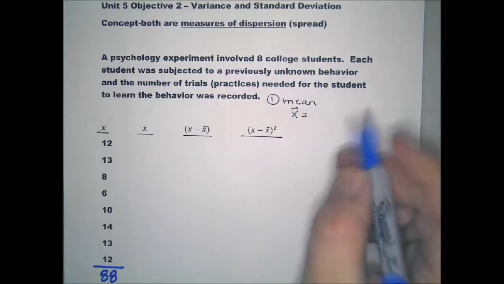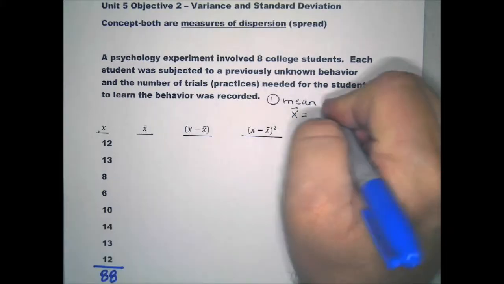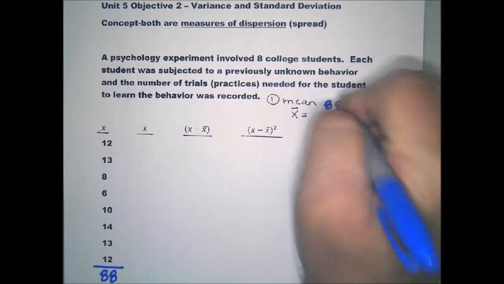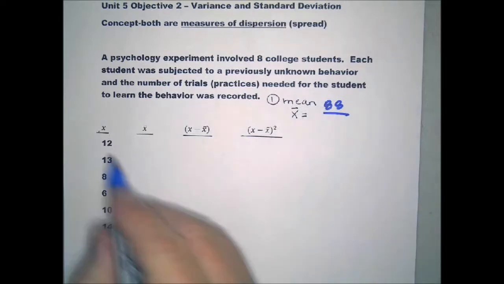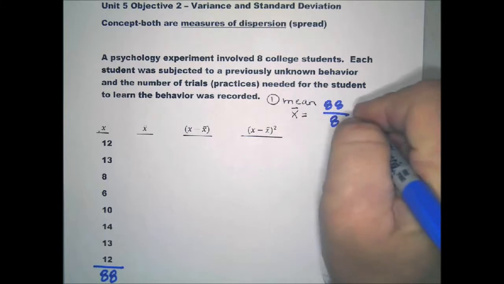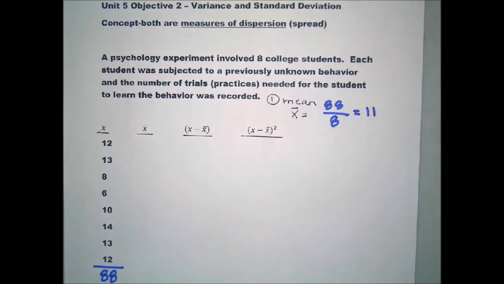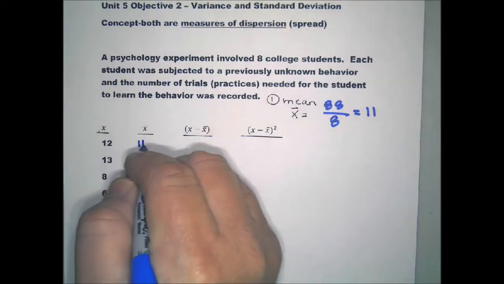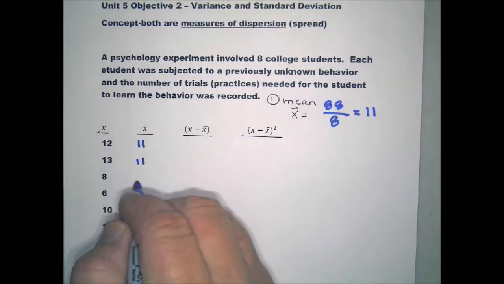And the mean is simply the sum of all the data points divided by the number of pieces of data. There were 8 pieces of data, or 8 college students, and that's the arithmetic mean. That's the X bar. So we're going to put this 11 in every single place in this column.